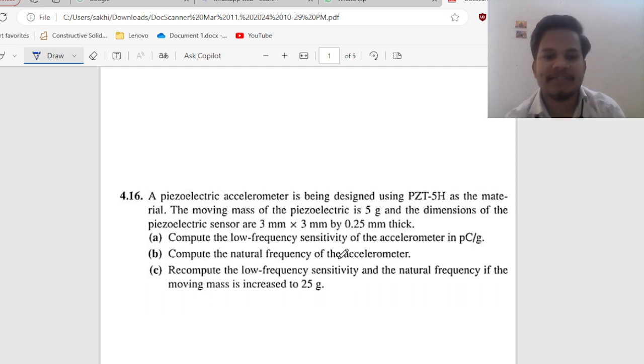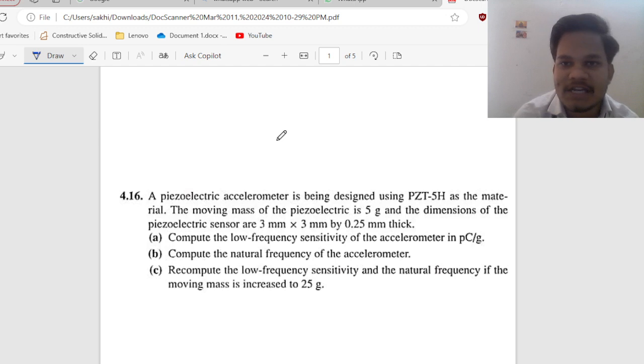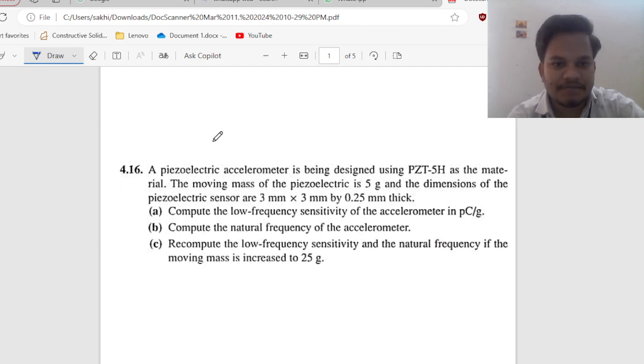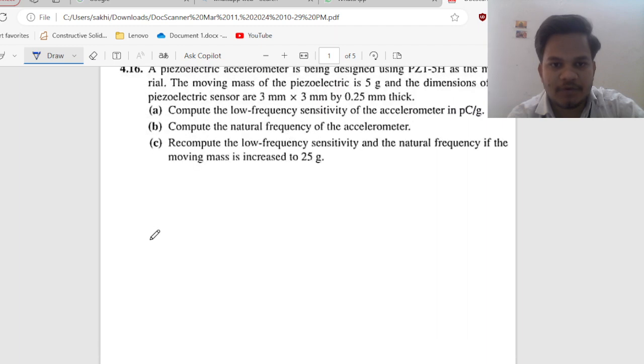And for the frequency, as we know from our vibration course, the natural frequency is the square root of k by m. So we have to compute the k also for the piezoelectric material, and we have to compute these things again for 25 grams.